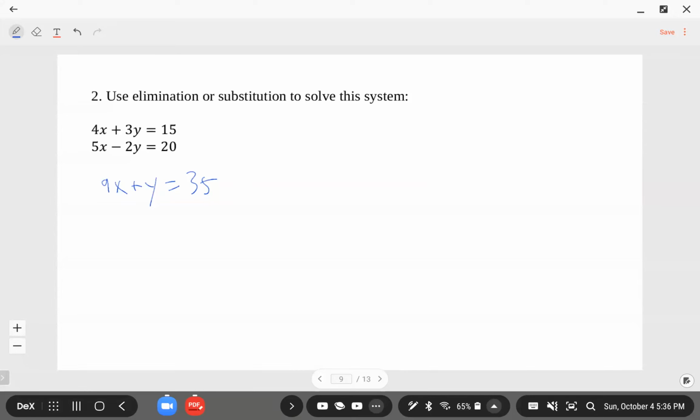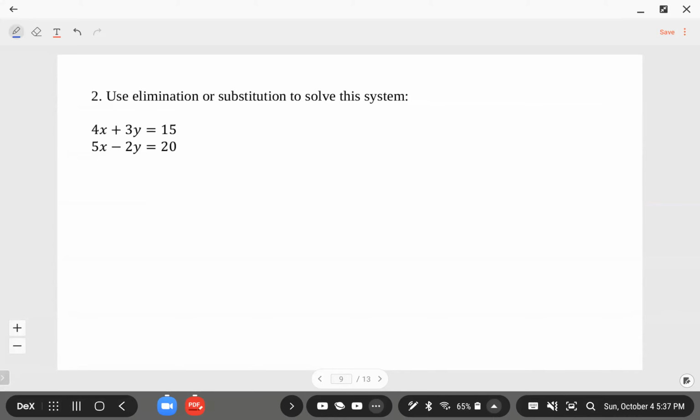Now what is this? We have another equation, right? Is this true? Yes, it is. But can we solve it? No, of course not, because we still have two variables. We can't eliminate anything with this. So what do you have to do? You have to multiply both equations by some number.